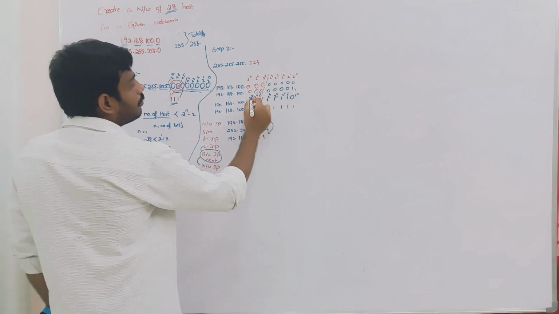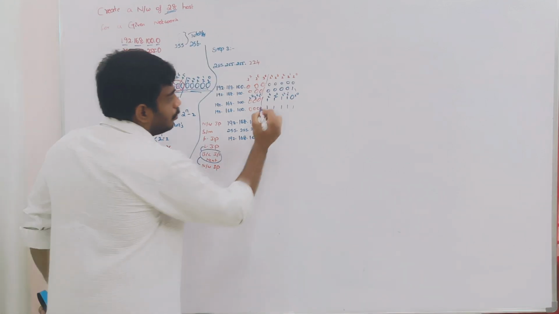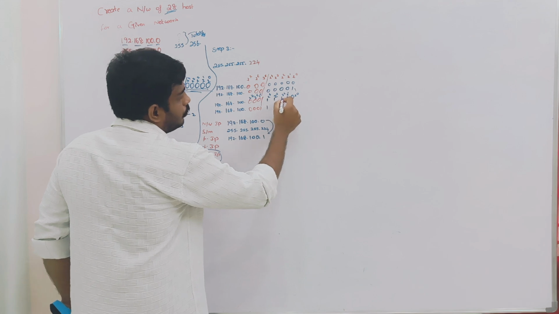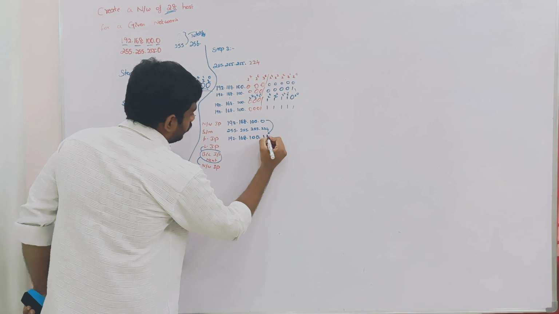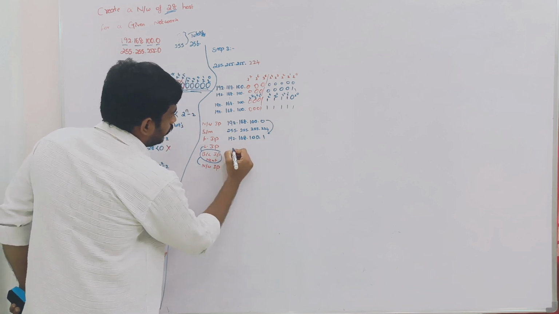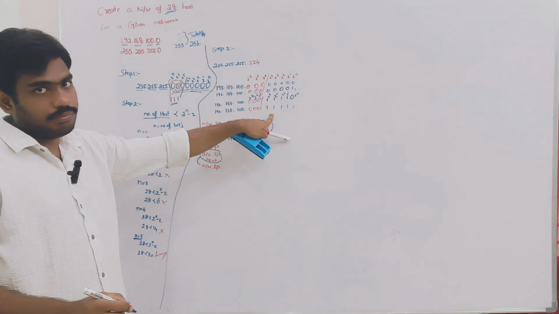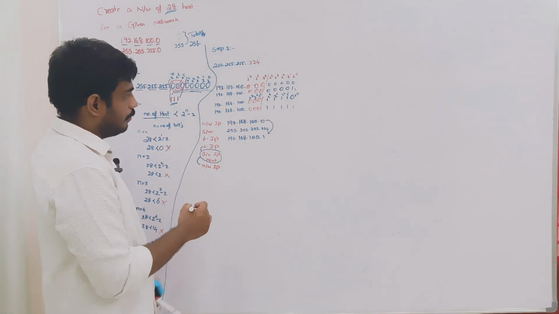The zero terms will be 0, because 0 times anything is 0. So 2 power 4 is 16, 2 power 3 is 8, 2 power 2 is 4, 2 power 1 is 2. Before the last IP, first you have to find the broadcast IP, then you will easily get the last IP and then the network IP.